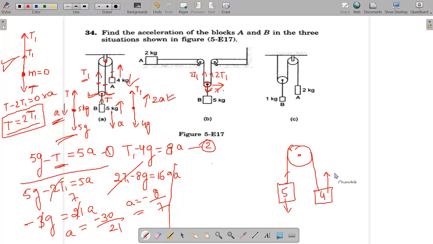But the thing is, same forces are acting on both of them in that case. But here it is not the case. Here we have wrapped the string 2 times for the 4 kg block. So whatever tension is on this string is doubled, so the 5 kg is getting pulled with twice the force.